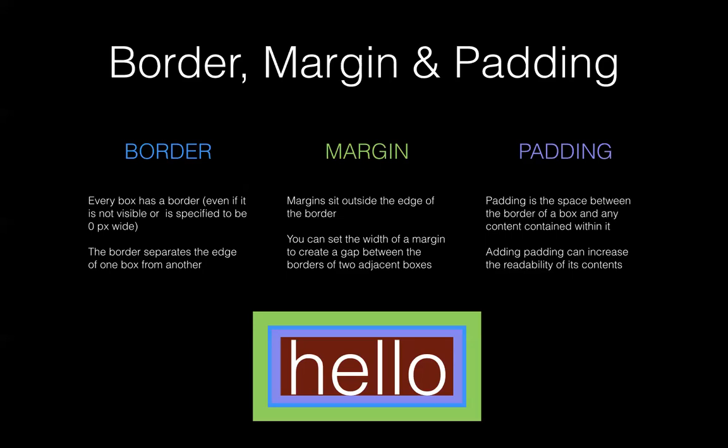Every block element in your HTML document has a border, a margin, or a padding. By default, there's a certain amount of value. You can set it to 0 if you want to, or you can add some value onto the margin. By default it is 0 pixels.